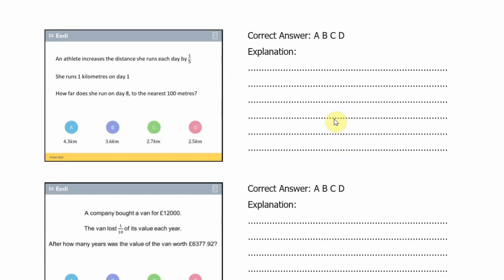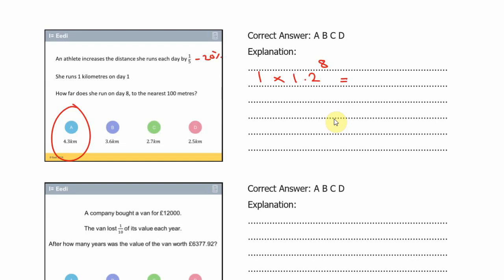An athlete increases by a fifth. That is 20%. She runs 1 kilometre on day 1 and increases by 20%, so 1.2. And she does this for 8 days. I do actually think there was a mistake on this question, and if you got A, you would have been correct. So maybe a lot of people got A. I can't remember off the top of my head.